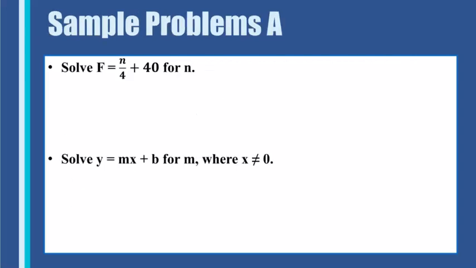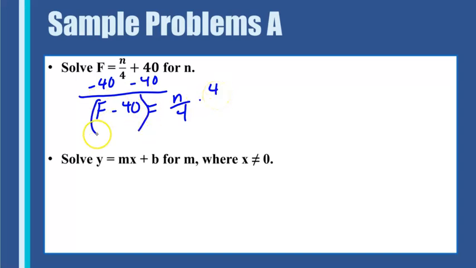So our first example, we have F equals n divided by 4 plus 40, and we want to solve for n. It means we want to get n by itself. First step is to get this 40 away, so we're going to subtract 40 on both sides. And that gives us F minus 40 equals n divided by 4. Now the opposite of dividing by 4 is multiplying by 4.